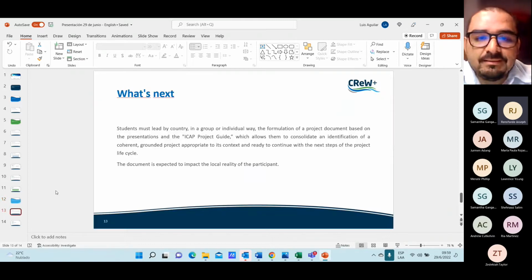So, what is next? Students must lead by country, in a group or individual way, the formulation of a project document based on the presentations and the ECAP project guide, which allows them to consolidate an identification of a grounded project appropriate to its context and ready to continue with the next steps of the project life cycle. The document is expected to impact the local reality of the participants.